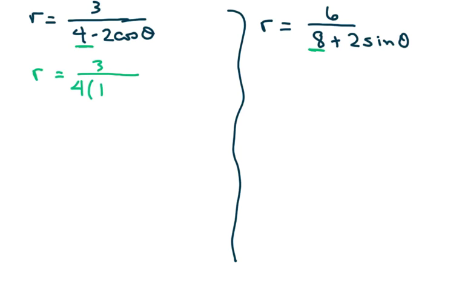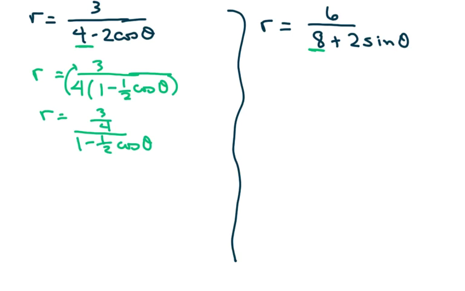So it's going to be 1 minus 2 over 4, which is actually 1/2 cos of theta. So also can rewrite this as 3 over 4. I'm just moving that up there. Okay, so 1 minus 1/2 cosine of theta.